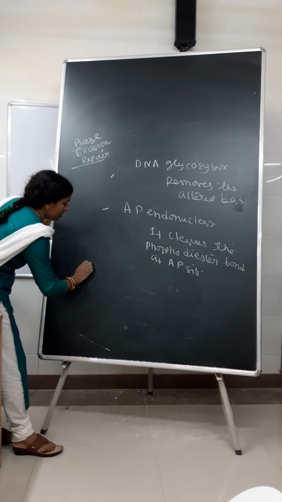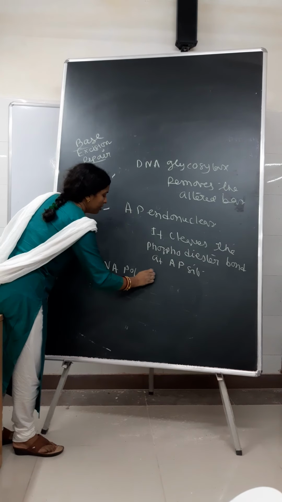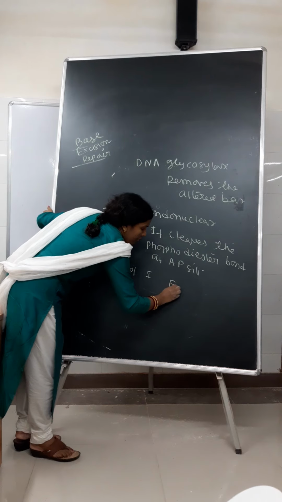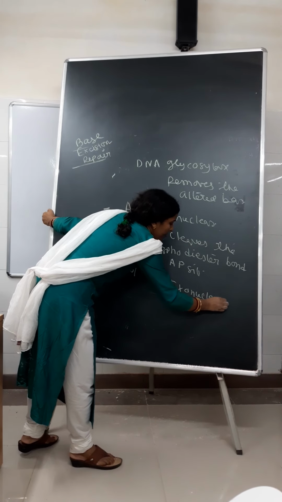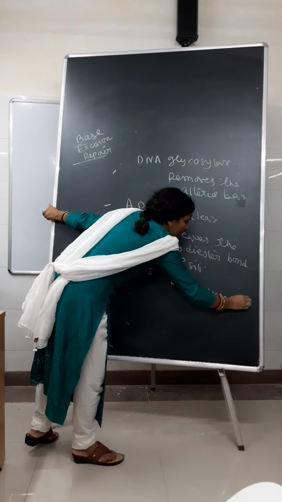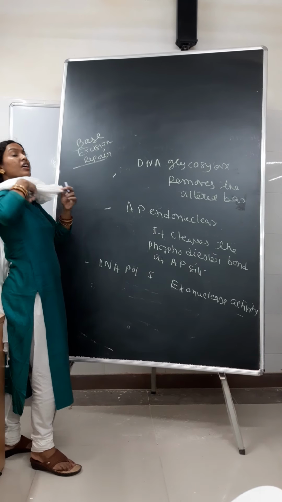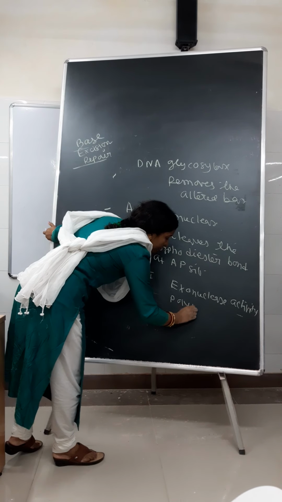Now the next enzyme is DNA polymerase 1. What will be the function of DNA polymerase 1? First is its exonuclease activity, and via this exonuclease activity a portion of the damaged strand will be removed, and the next action is polymerization.